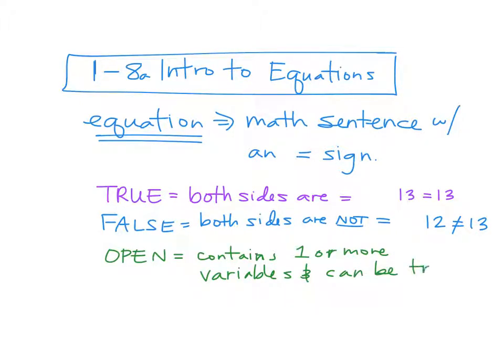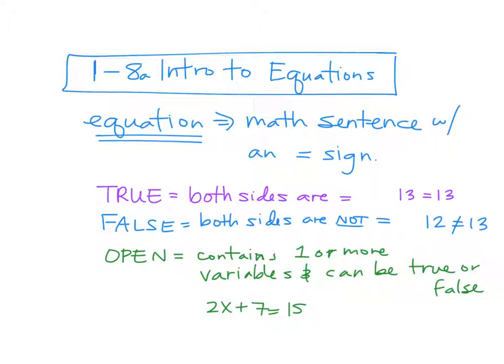It just depends what the variable is as a number. So something like 2x plus 7 equals 15. That is an open equation because whatever we plug in for x might make it true or it might make it false, okay? So we call that open. Could go either way, true or false.